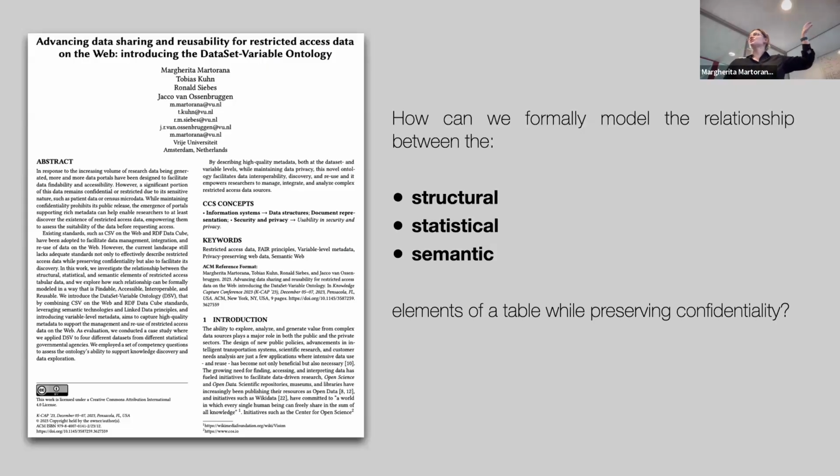The schema that you just saw briefly on how we can describe a metadata comes from this work that we did on ontology engineering, and we looked at how we can build a model or a schema that describes important concepts of a table. And specifically, we look at the structure of a table, the statistics of a table, and also the semantics. So what does the table describe?